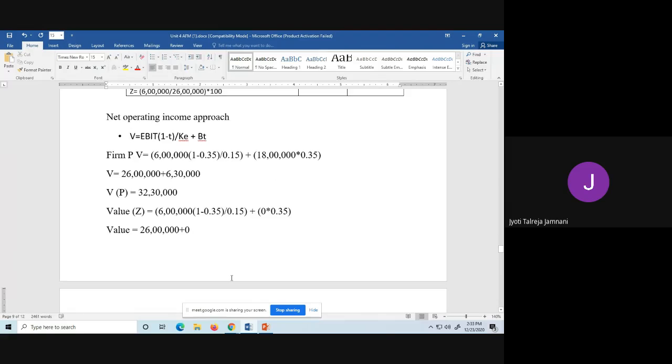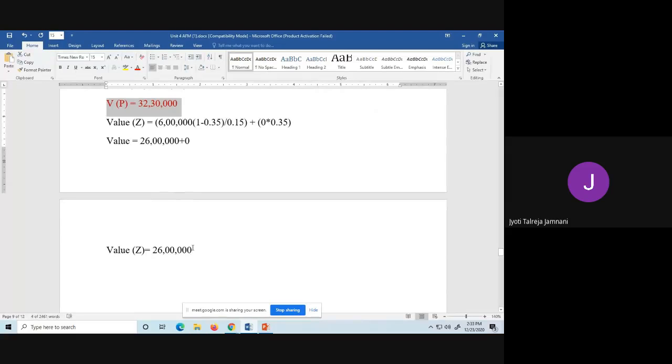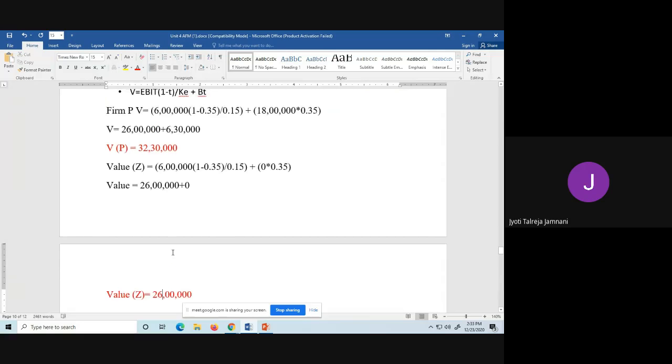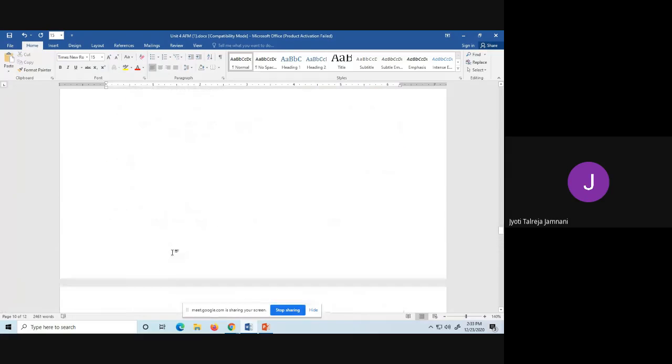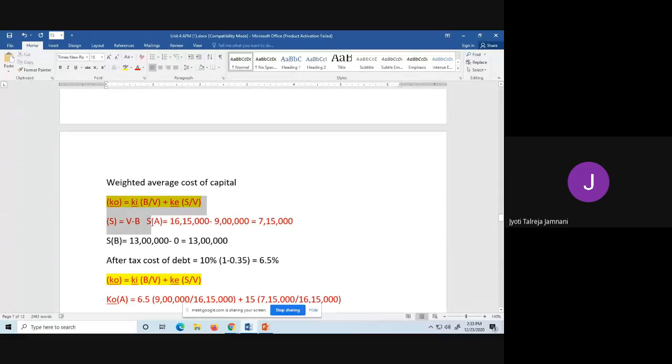Now the next thing that we have to find is the weighted average cost of capital. We found the value for P and the value for Z. To find the weighted average cost of capital, we have to first find the value of equity and then the weighted average. So we need to copy these two formulas.